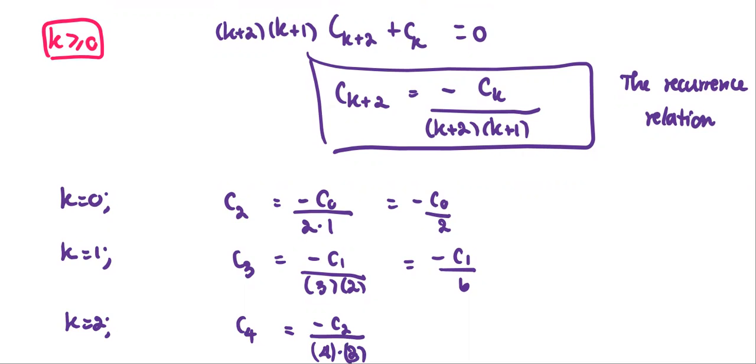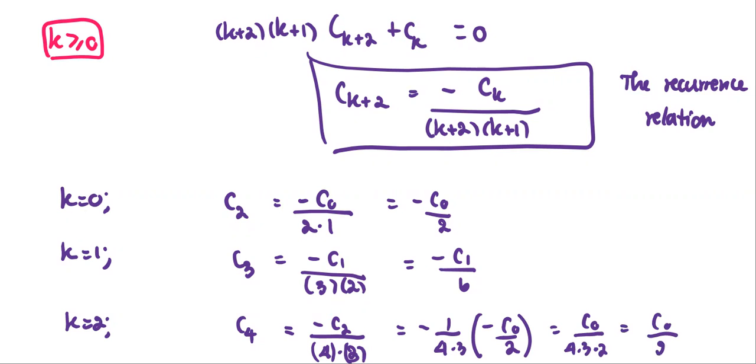As we get c2 equals negative c0 over 2, we can replace c2 with the term that we know, negative 1 over 4 times 3 multiplied by negative c0 over 2, or we can rewrite this as c0 over 4 times 3 times 2, which is c0 over 24.